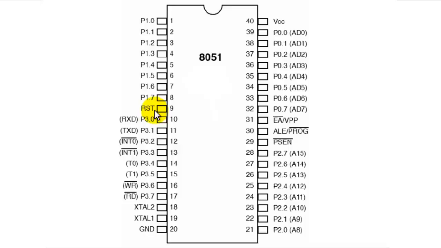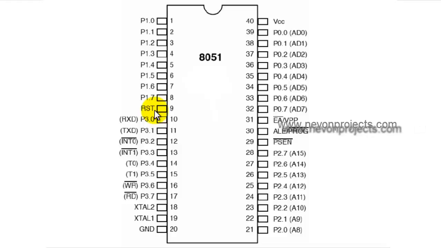Now let us move on to the other pins, that is interrupt. Pin number 12 and pin number 13 are INT0 and INT1, that is interrupt pins. These are labeled as INT0 bar and INT1 bar. This means that these are active low pins.